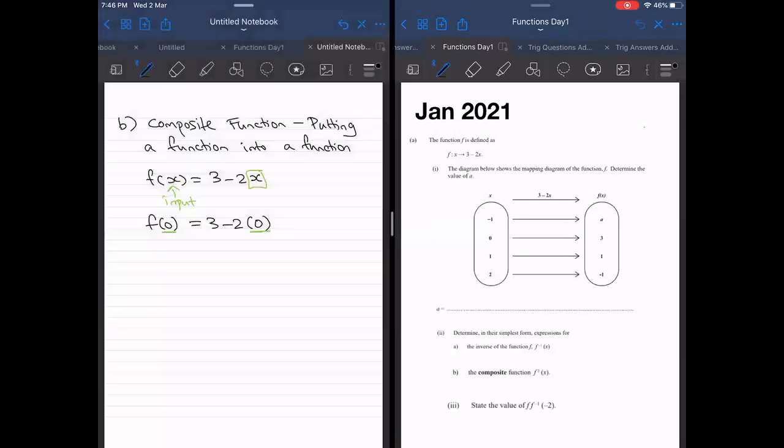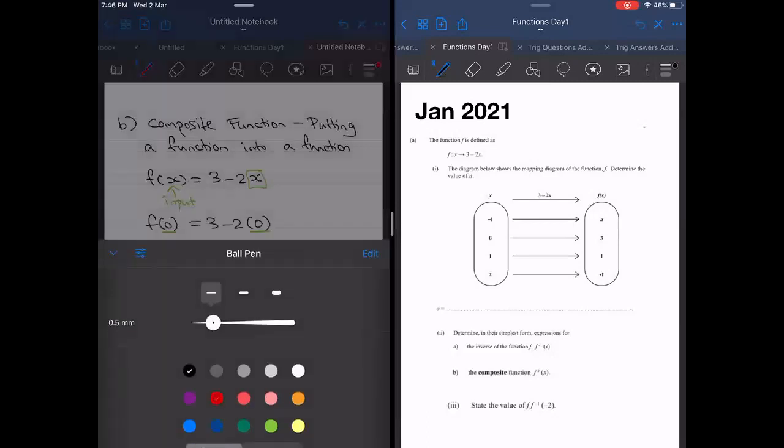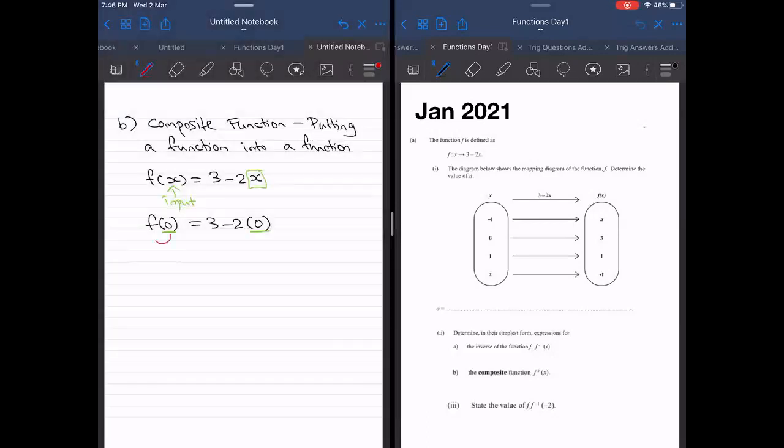So what composite functions do now is this. We always put the right into the left, so it's 0 into the function.